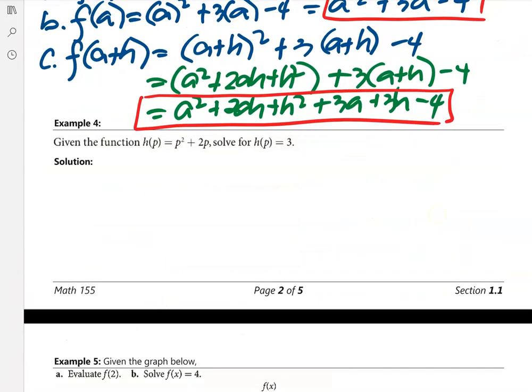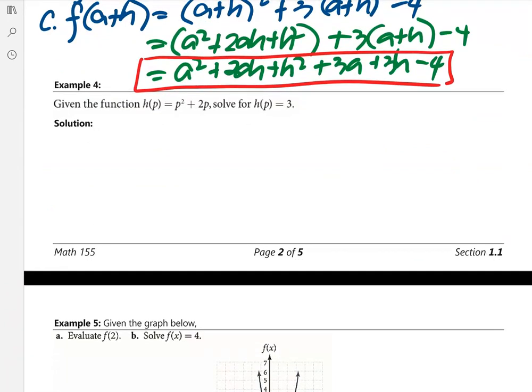Alright, next one. Number 4, given a function h of p equals p squared plus 2p, solve h of p is equal to 3. So this time, again, h of p is equal to 3. So you substitute that to h of p here. So that is now 3 equals p squared plus 2p. And we solve for p.